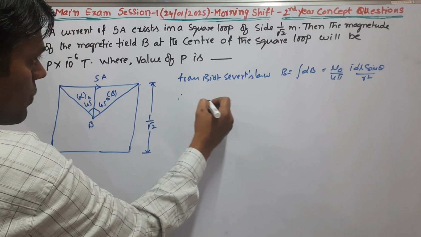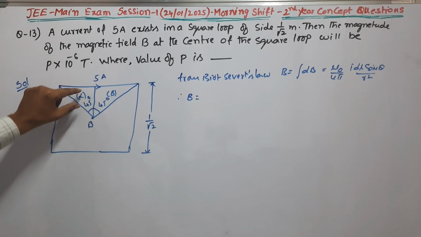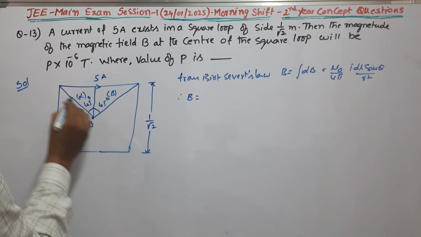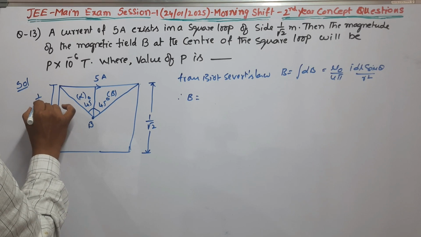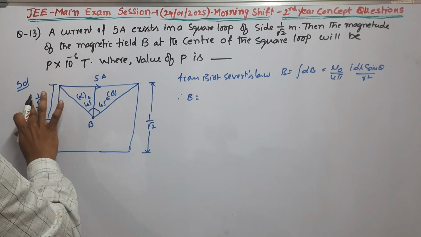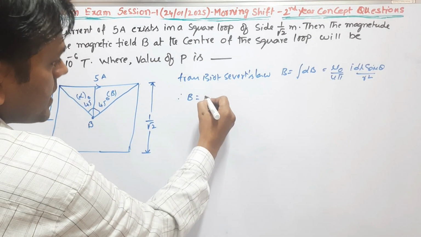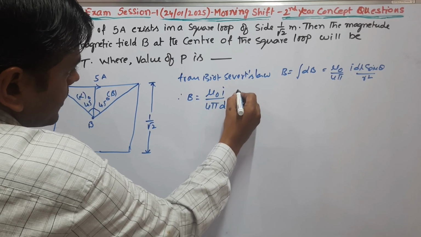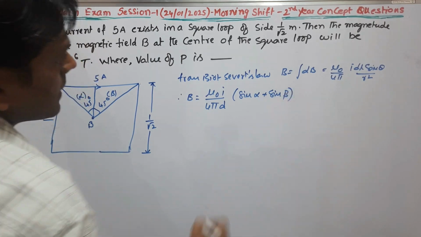Therefore, when you integrate the magnetic field at a distance, the side is 1 by root 2. So, how much distance is the center point from this side? 1 by root 2 by 2, which is equal to d. Then B is equal to mu naught I by 4 pi d into sin alpha plus sin beta.